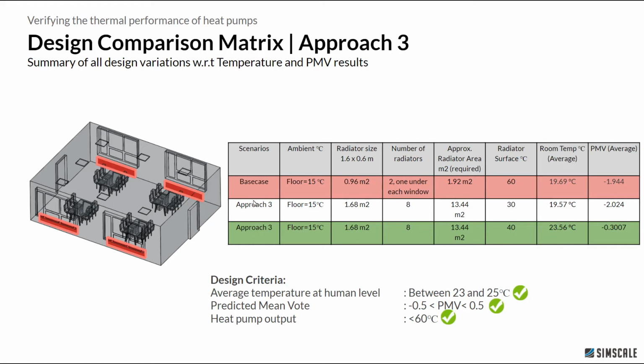When checking the results from these cases, we see that approach 3 has a case where the design criteria is totally fulfilled, with a 40 degree radiator surface. We achieve an average temperature of 23.56 degrees Celsius and also minus 0.3 for the PMV, which is all in line with the design criteria provided by the simulation team.